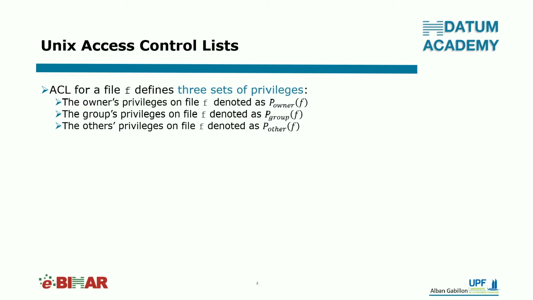That is, the privileges of the users who are not owner of file F, but member of the group associated with file F. I refer to them as P-group of file F. The others' privileges, that is, the privileges of the users who are not owner of file F nor member of the group associated with file F. I refer to them as P-other of file F.